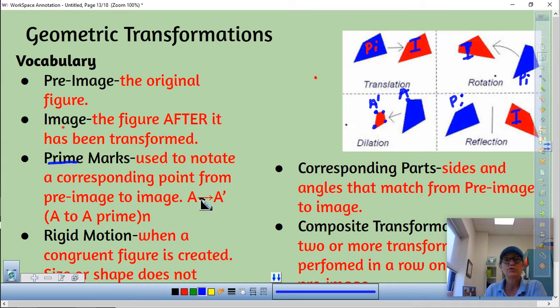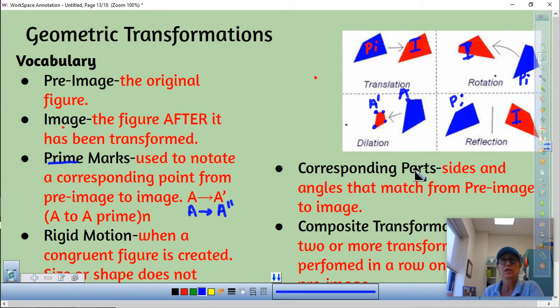So A goes to something called A prime, B to B prime, C to C prime. If I move it twice, then A would go to A double prime or triple prime if I move it 3 times.